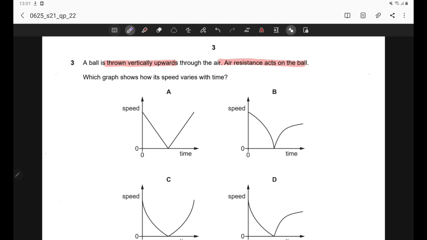So we know that once we throw a ball upwards, the ball will move upwards, but since it is moving against gravity, speed will gradually reduce and it will reach a speed of 0 at the end. So when the ball reaches maximum height, its velocity will be 0 as it stops completely.